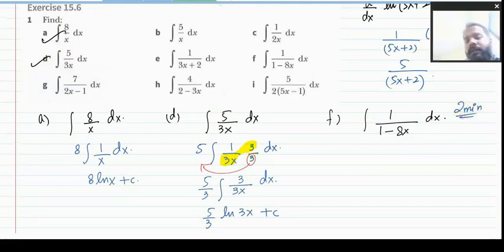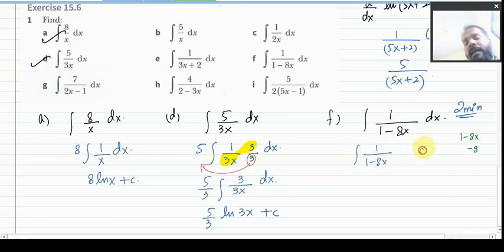Alright, so what you need to do first is identify the derivative of the function that is present in the denominator. If you find the derivative of 1 minus 8x, it will be minus 8. That means we need a negative 8 in the numerator. So for that we need to multiply. The function we have is 1 divided by 1 minus 8x dx. We need to multiply the function by minus 8 and divide by minus 8.